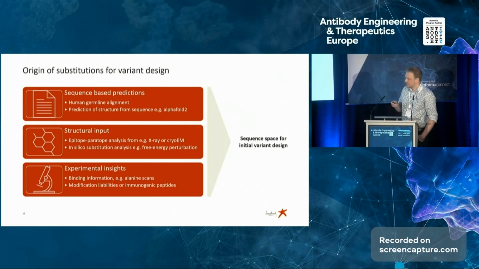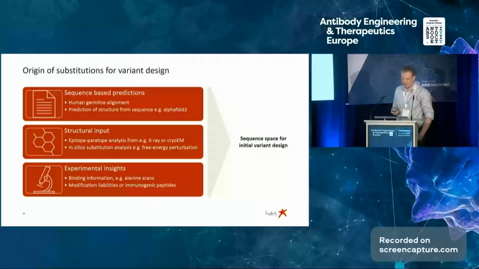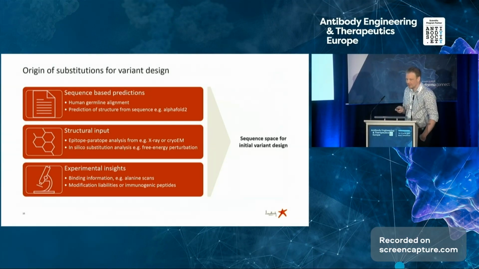Of course, we need to start somewhere, and the origin of the initial substitutions can be found in various ways. We can take approaches that go in from sequence, looking at what can be predicted from software like AlphaFold.